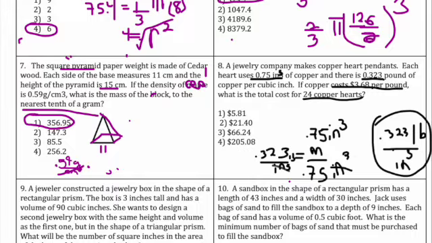Let me go back so you see what I did before I cross it out. I'm going to multiply both sides by 0.75 inches cubed.